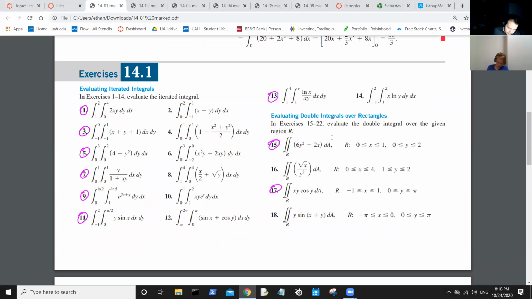So when it comes to integration by parts, the formula is uv minus the integral of v du. So in this case, we want u to be the ln function.